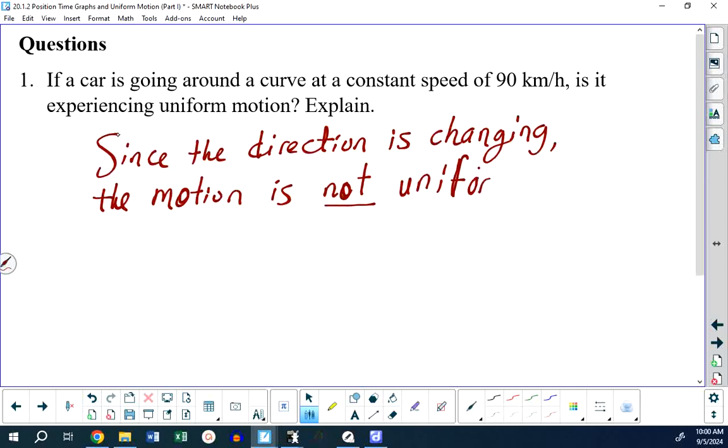We could call that non-uniform motion, but I want to focus our attention on uniform motion today. This is non-uniform motion. I'm just saying it's not uniform.